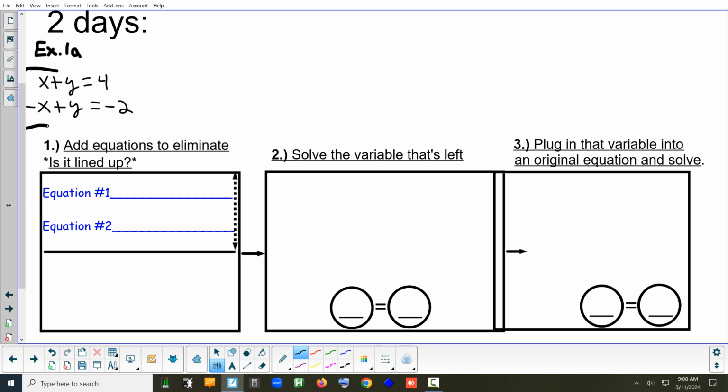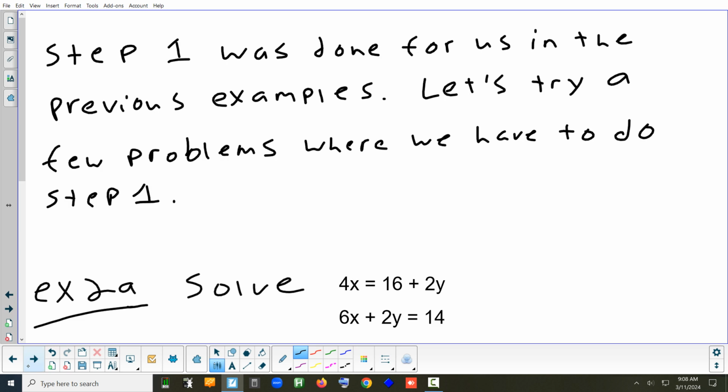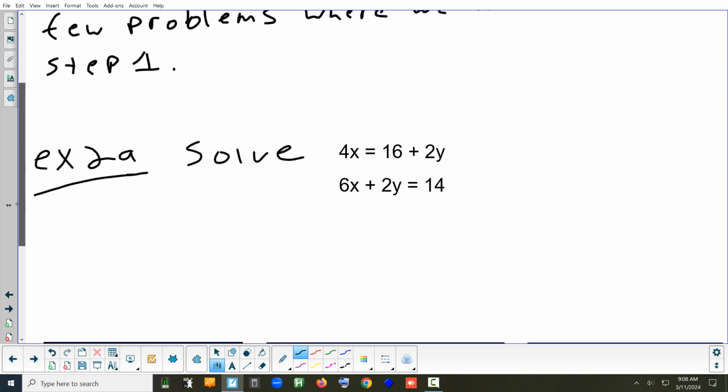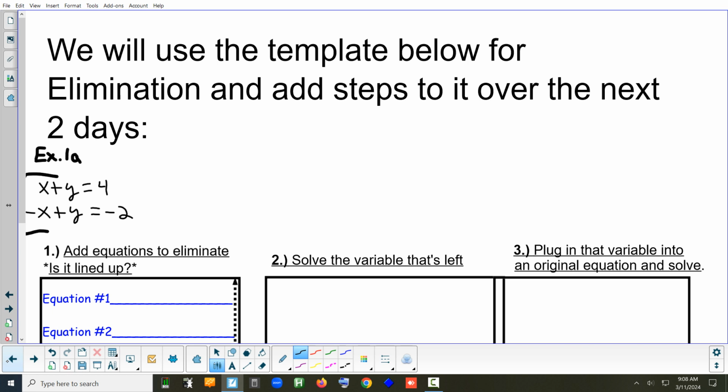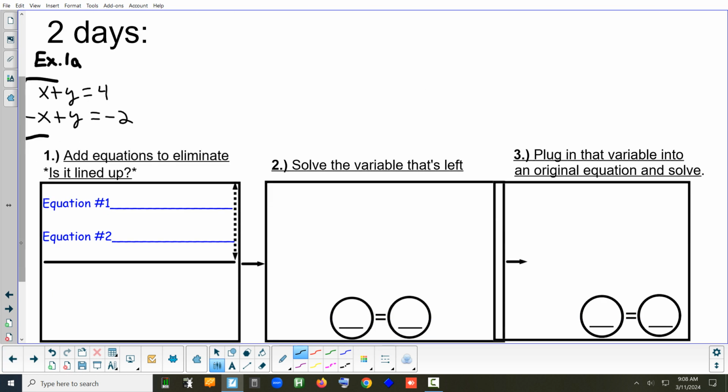Yes. The x's are lined up, the y's are lined up, and the numbers are lined up. We're going to do one later on, look at this one for a second. We're not doing it yet. But are the x's, the y's, and the numbers lined up in this one? No. So that one needs to be fixed. They're not lined up correctly. But this one, everything looks good.